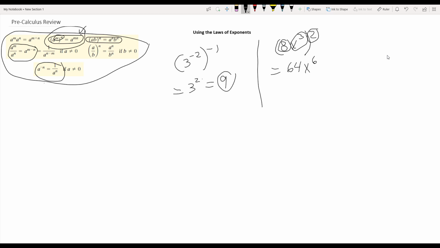So let's see what else we got. Let's do a little bit more of a challenging one. Now we got 3x to the minus 1 over 4y to the negative 1, and all of that to the negative 2.